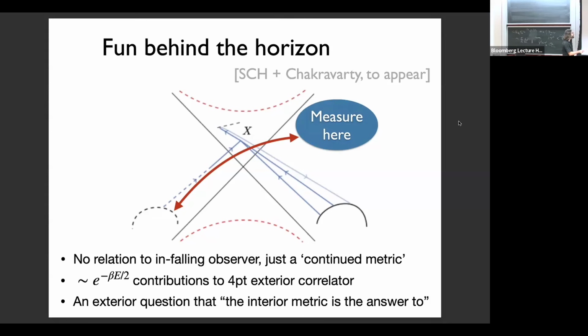And the price you have to pay is that you're basically using subtle correlations between Hawking quanta that are suppressed by half a Boltzmann factor. So if you're willing to pay this price, you can measure the interior. If you only care about the exterior, you don't have to pay a price.